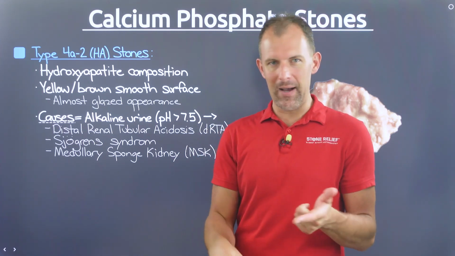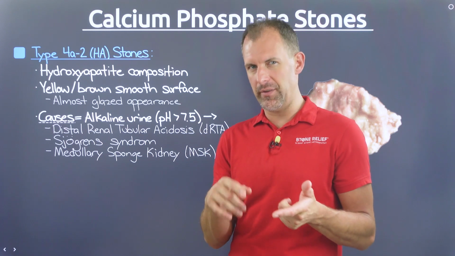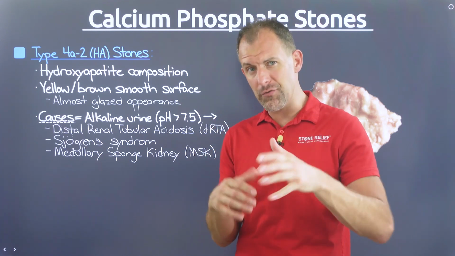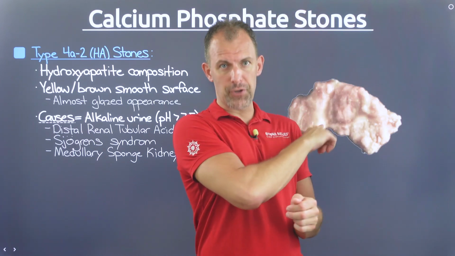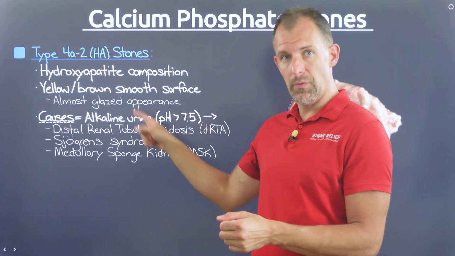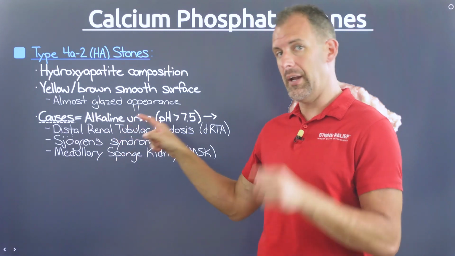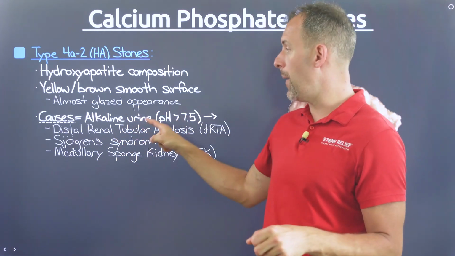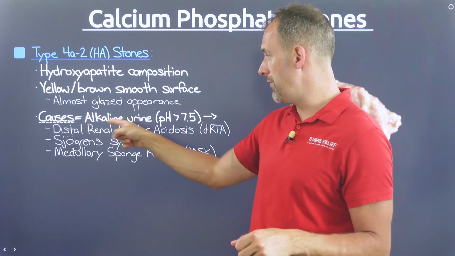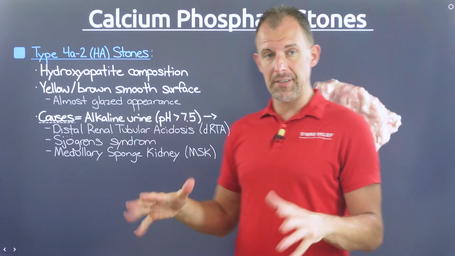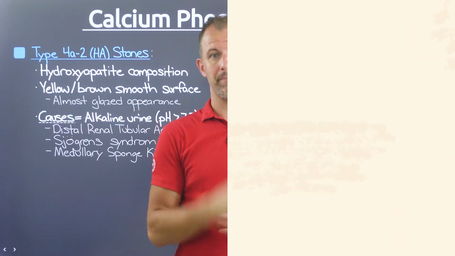There's calcium oxalate, there's calcium phosphate, and there are sometimes bacterial stones like struvite, which we'll talk about a little bit later. But nevertheless, if you're seeing this particular stone type, it's likely due to one of these conditions. And at the end of this video, we're going to talk about what you can do to better manage these conditions so that you can positively influence this alkaline urine and neutralize it so you can avoid stones like this.